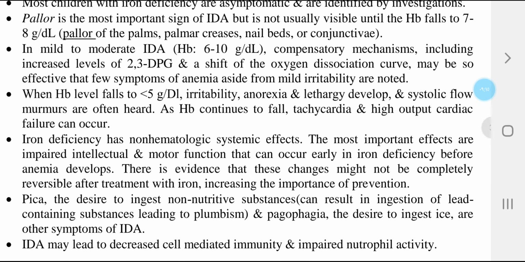Iron deficiency anemia has non-hematologic systemic effects. The most important effects are impaired intellectual and motor function that can occur early in iron deficiency before anemia develops. There is evidence that these changes might not be completely reversible after treatment with iron, increasing the importance of prevention.